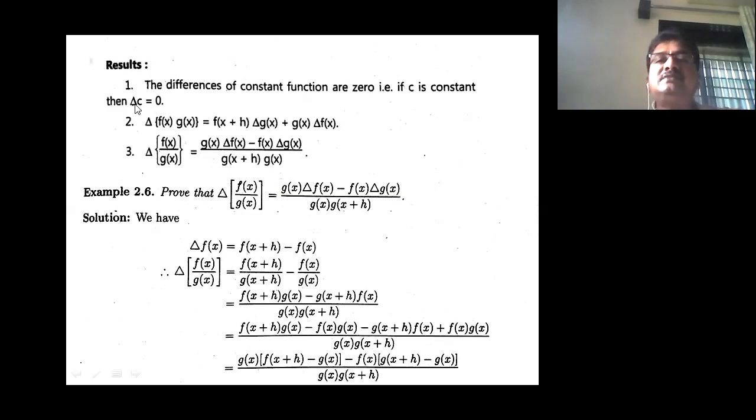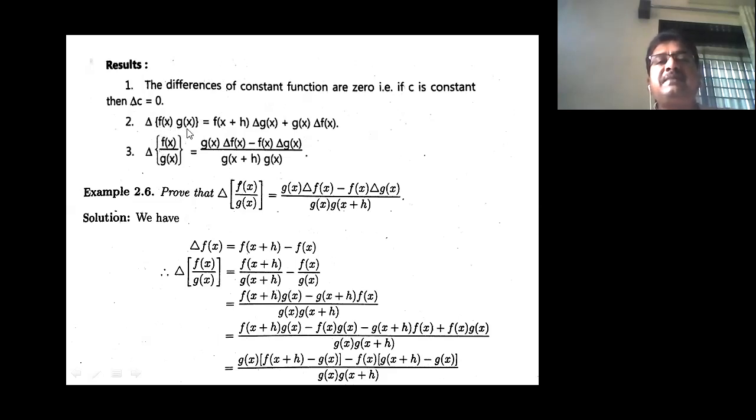Okay, the next is the algebra of this delta. So how can we apply delta on fx into gx? The first note is that the delta of constant is 0, like the derivative of constant is 0.